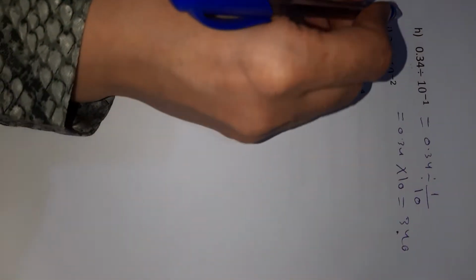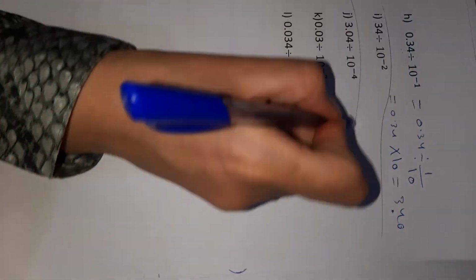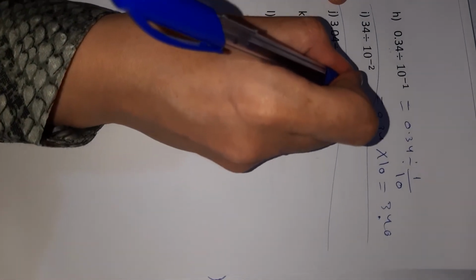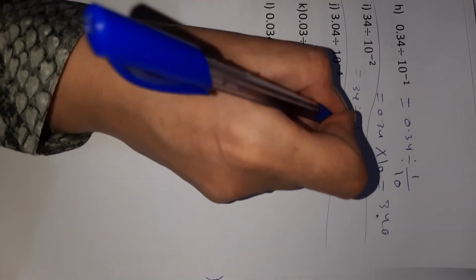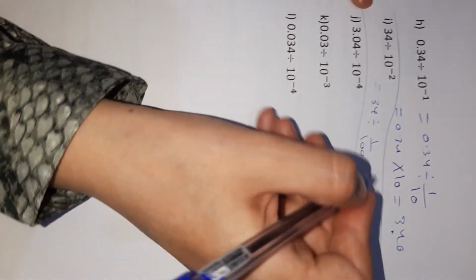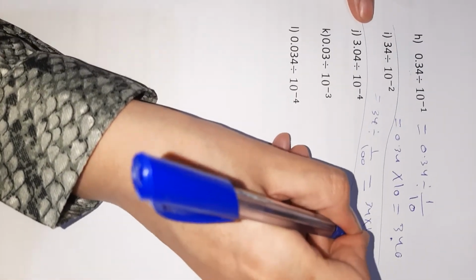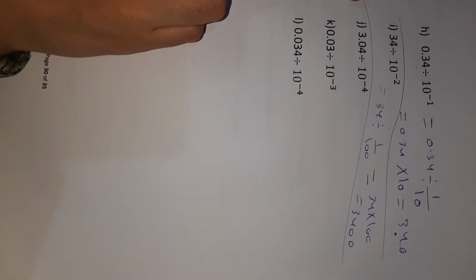Now this one equals 34 divided by 1 out of 100, which is the same as multiplying by 100. 34 times 100, 3,400.